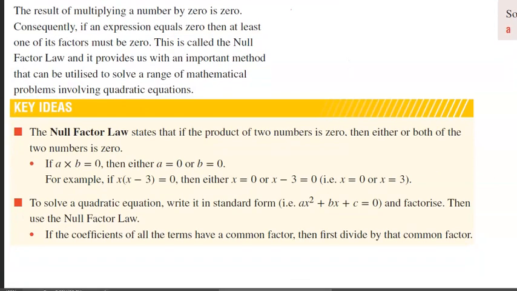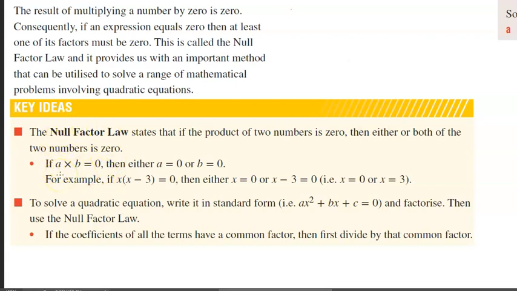The Null Factor Law states that if a product of two numbers is 0, then either one or both of the two numbers is 0. Okay, let's put some maths context to this. Let's say, for instance, that we have A and B. They're two random numbers, and when you multiply them together, they give you 0. What the previous facts were stating is that in order for this to work, either A has to equal 0, or B has to equal 0.